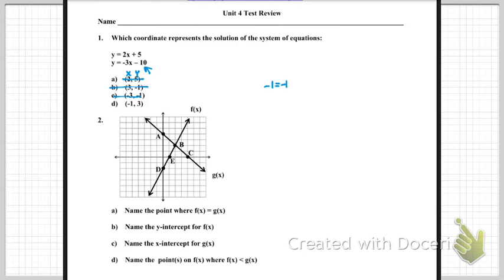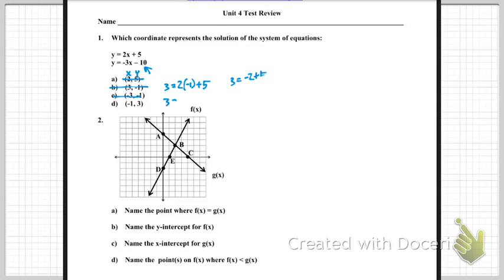So we're going to check the final one. We're going to plug negative 1 in for x, 3 in for y, into the top equation. I have 3 equals 2 times negative 1 plus 5. 2 times negative 1 is negative 2, so I get 3 equals negative 2 plus 5. Negative 2 plus 5, that would be correct. So let's plug it into the second equation.